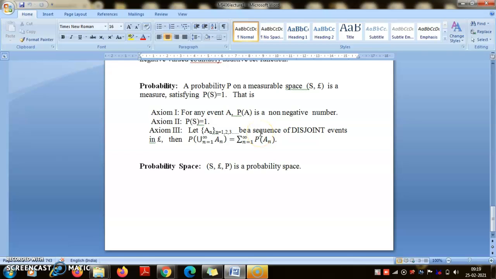Countably means infinite, but as many as there are natural numbers. There is another concept of infinite collection called uncountable. For example, all points between 0 and 1 form an uncountable collection. How many real numbers are there? Uncountable. But how many natural numbers are there? That is countable. So if you consider countably many sets which are disjoint, that is, they have nothing in common, then the probability of the union is the sum of their probabilities. These are the three properties used to define the probability function.